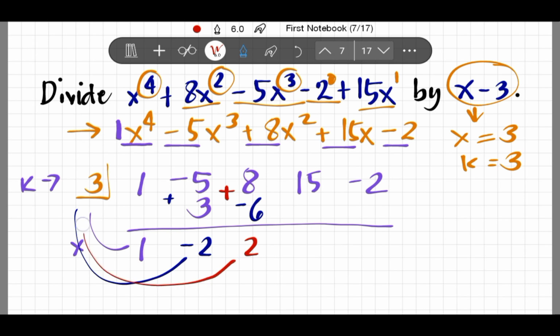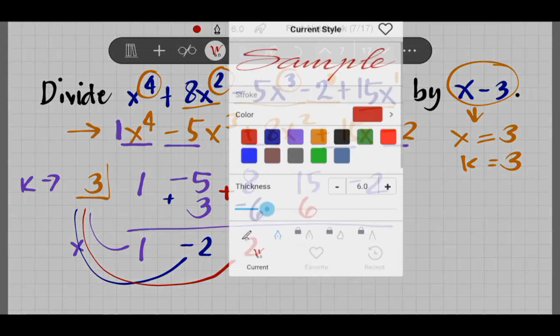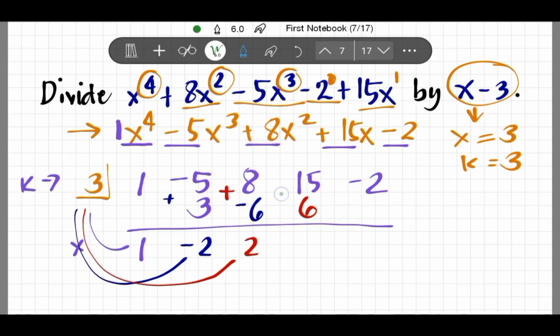So, 2 times 3, it is 6. Next, you add 15 plus 6. 15 plus 6 is 21. And next, multiply. 21 times 3, you have 63.